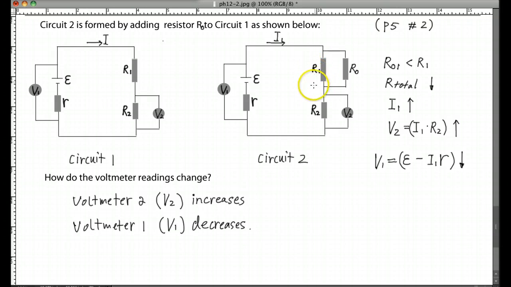So for this type of question, you have to go around. In this case, we figured out the V1 decreased by analyzing the terminal voltage, right?